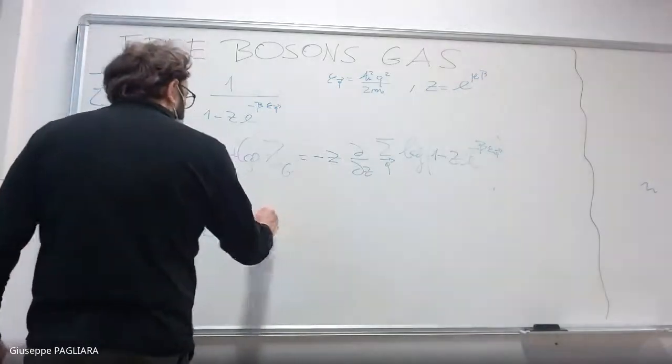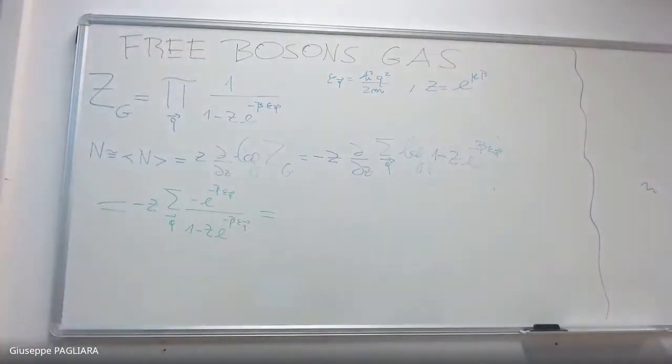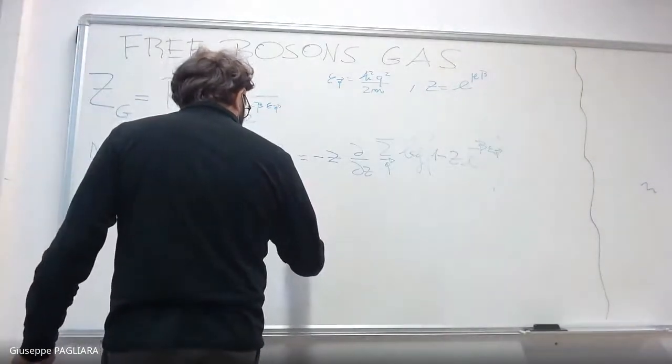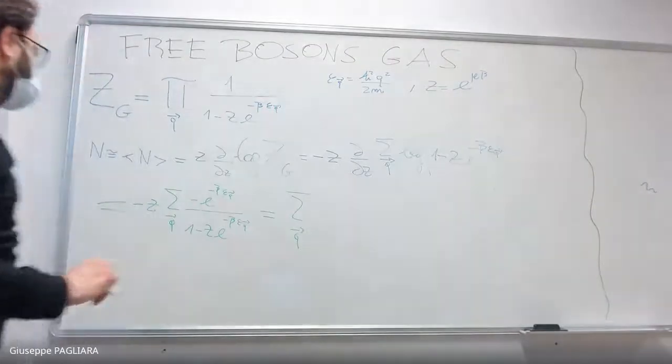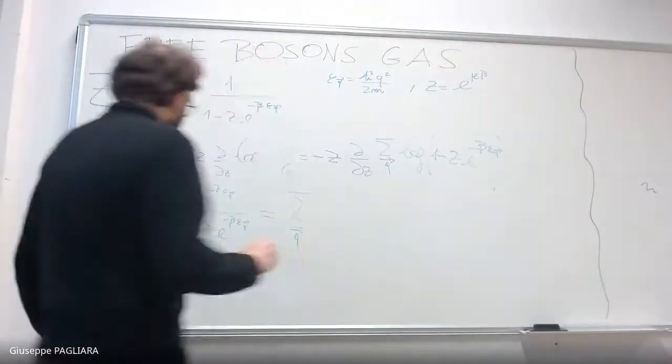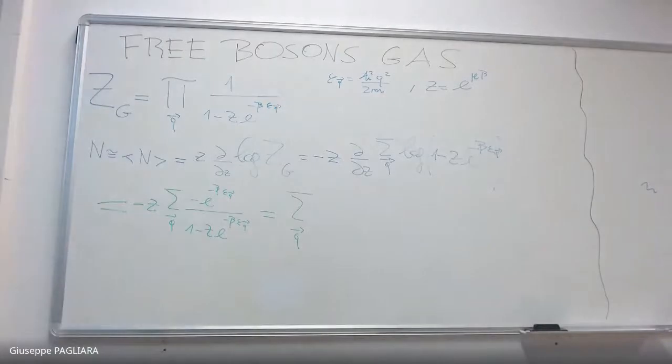Okay, we can work out a little bit this expression. This is equal to the sum over q of, let me multiply by e to beta epsilon, numerator and denominator.